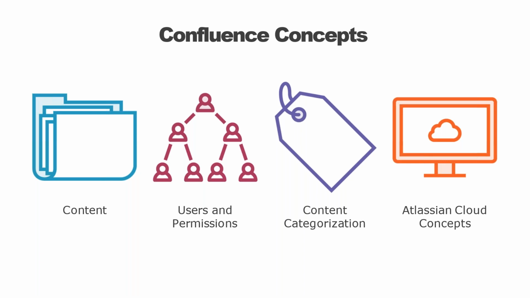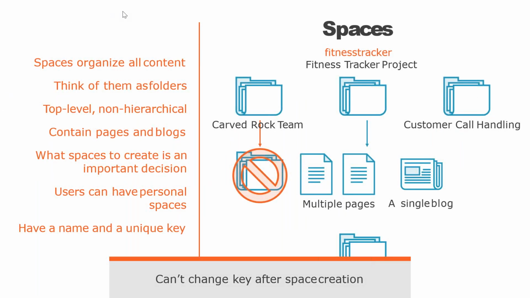And content categorization. So what is content? In Confluence, you see the concept of spaces. So what is a space? A space is basically an area, like a directory for each project.